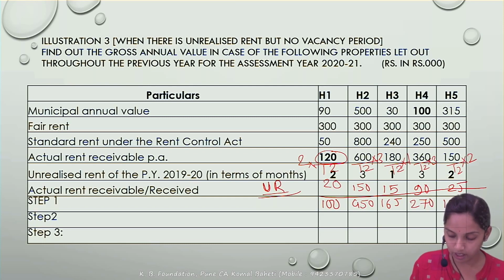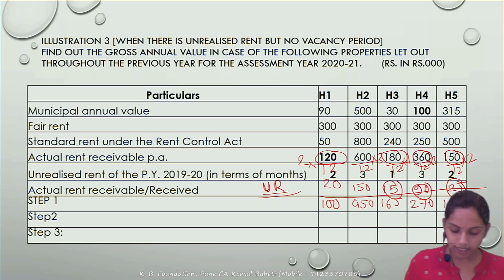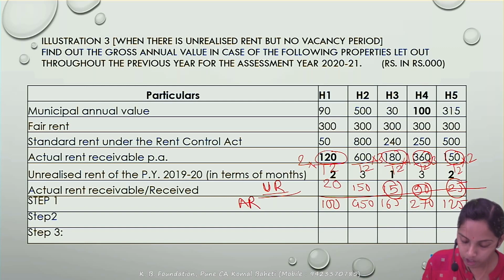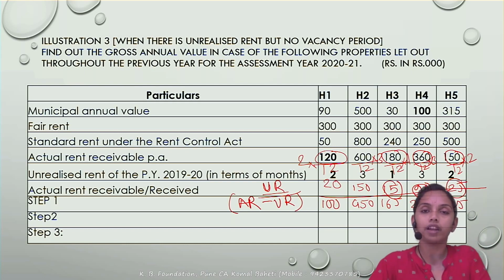In this case it is 125. 150 minus 25, 360 minus 90, 180 minus 50, like that. Is that clear? So this is the actual rent receivable for a year minus unrealized rent. Why is this calculated? Because this figure would be useful in the step 3 calculation.